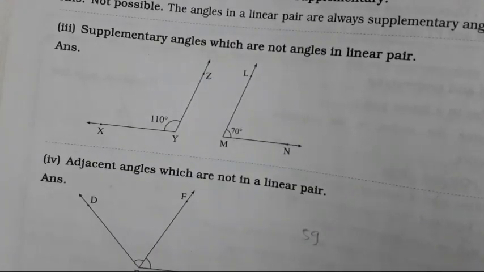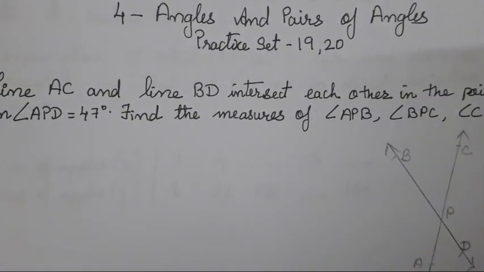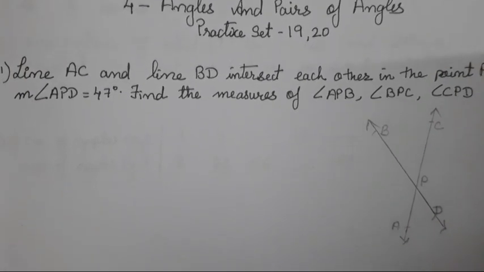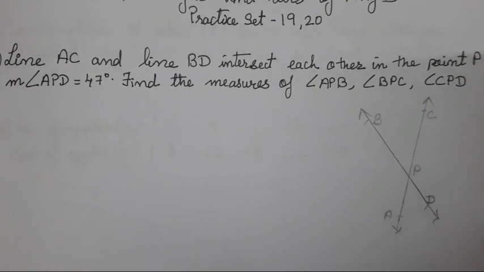Let's move on to practice set number 20, in which you all have to find an angle. One angle has been given, you all have to find the other angle. Now same properties you all have to use over here: linear pair wala property, vertically opposite angle wala property. Now vertically opposite angles मतलब क्या होता है?